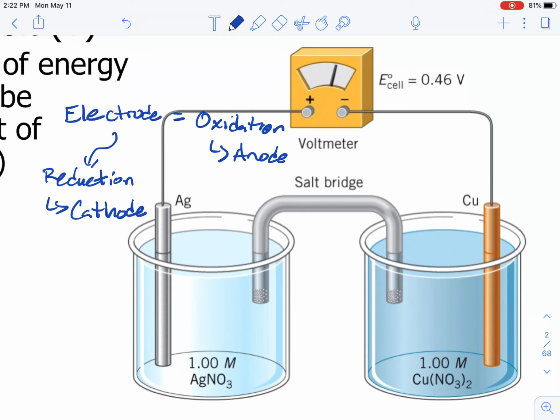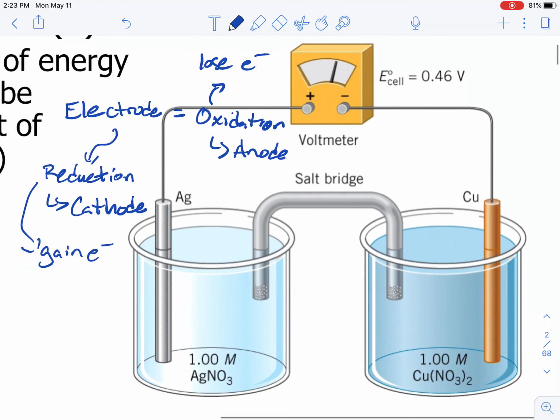So remember that oxidation means loss of electrons, whereas reduction means gain of electrons. One way to memorize the relationships between oxidation and anode, or reduction and cathode, is by creating some kind of phrase or name using the first few letters of each of these words.